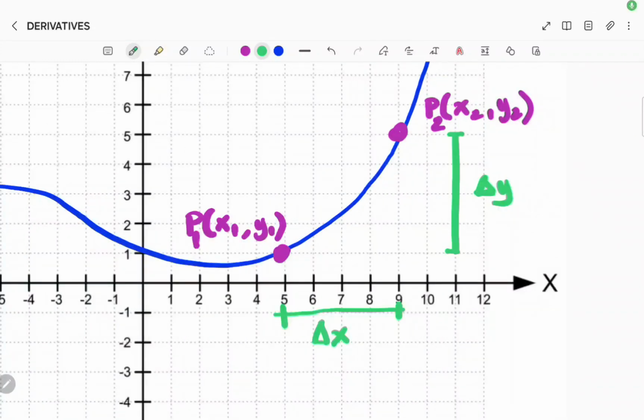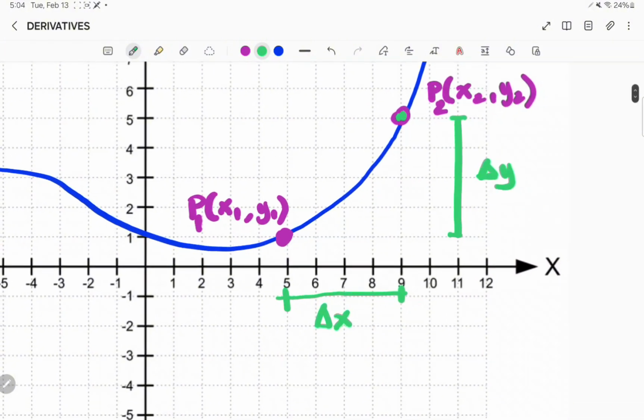For example, if we are in point 1 and we want to arrive at point 2, we can conclude by its definition that in order to come up with this point 2, we just have to add a certain amount of change of x to our x sub 1.